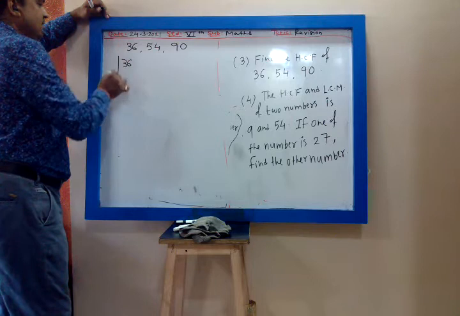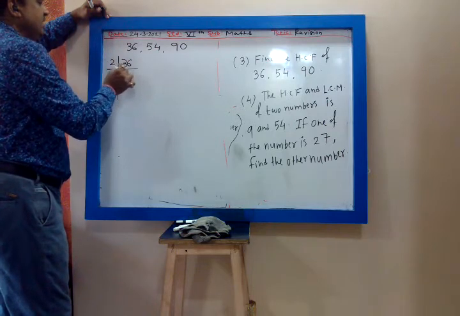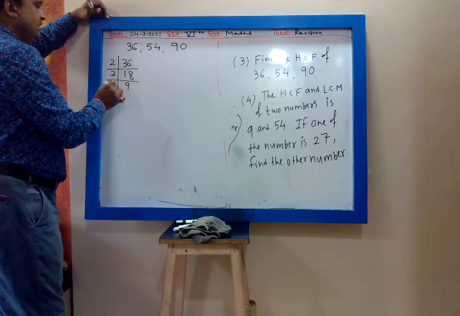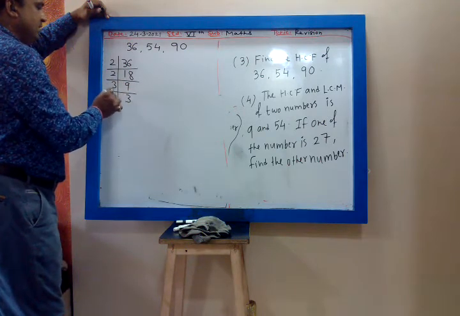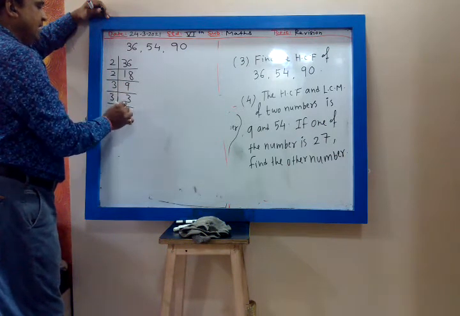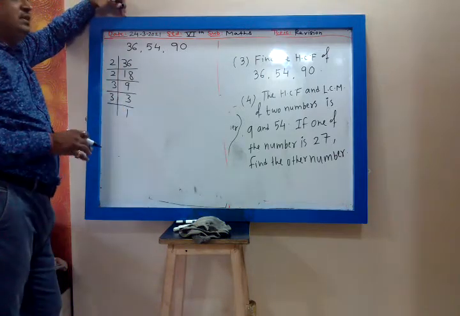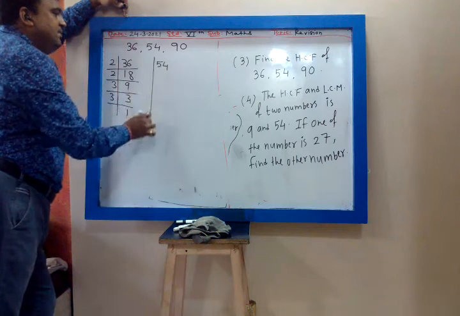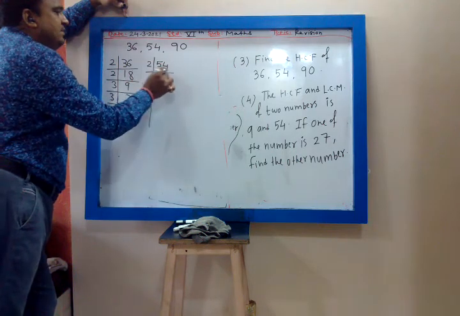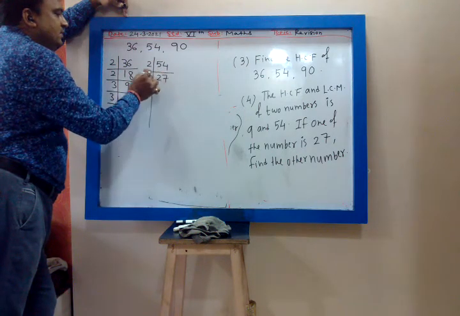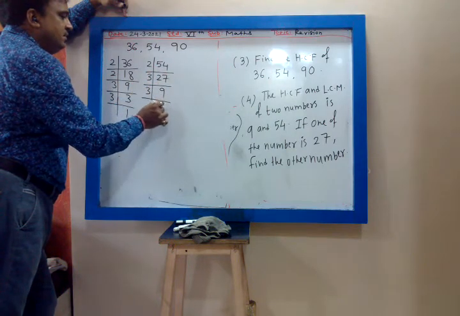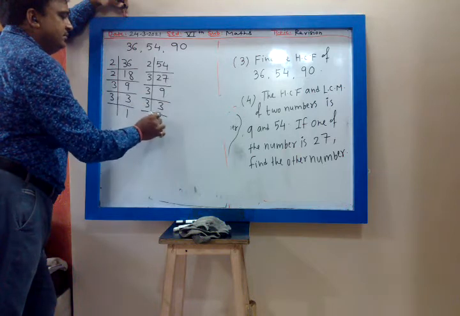For 36, start with prime number 2: 2 18s, then 2 9s are 18, 3 3s are 9, 3 1s are 3. We find the prime factors of each number. Second, 54: start with the smallest prime number 2, 2 27s, then 3 9s, 3 3s are 9, 3 1s are 3.